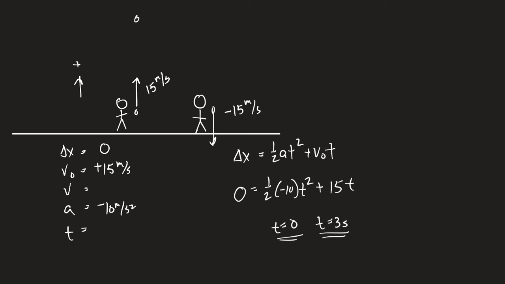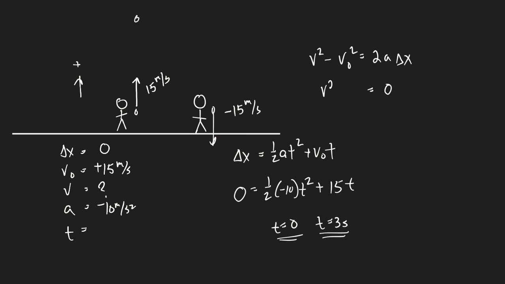And if you don't believe me, well, let's look for this one, not include time, and look at what our relationship is. That would be v squared minus v naught squared equals 2a delta x. But delta x is 0.